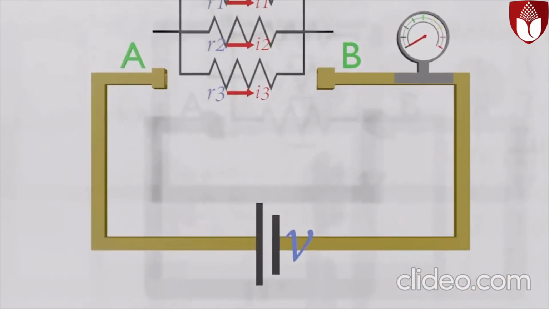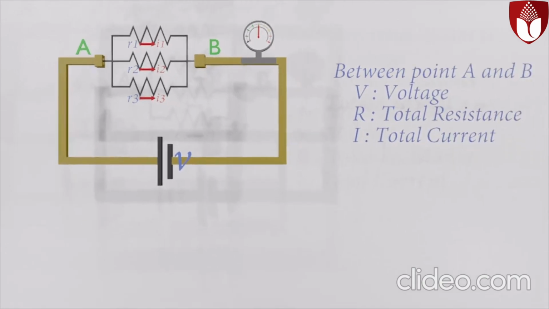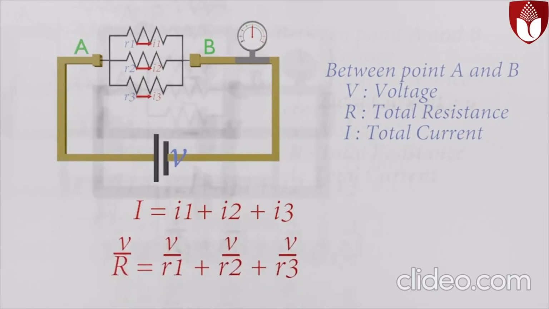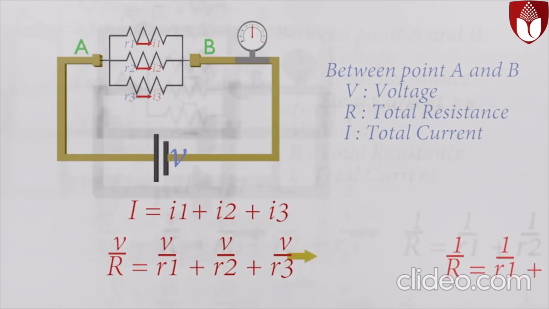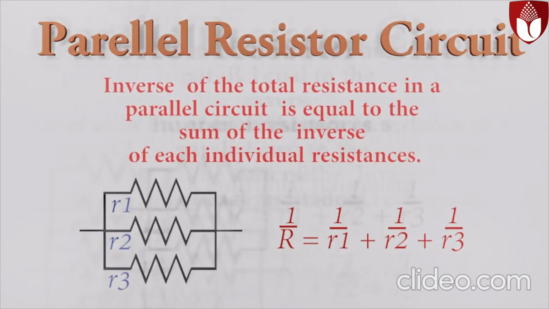We can keep adding resistors and continue this for more parallel resistors. For 3 parallel resistors, we can build an equation like this. In a parallel resistor circuit, the inverse of the total resistance is equal to the sum of the inverse of each individual resistor.